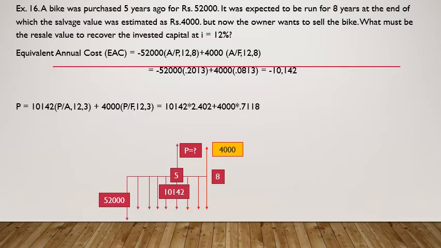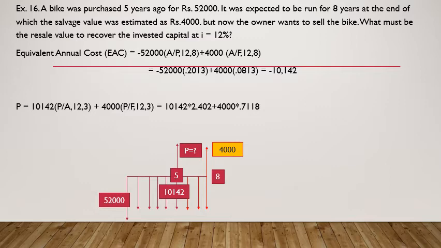So if I want to sell the bike at the end of the 5th year itself, instead of waiting up to the 8th year and recovering all the money, what should I do? I should convert this 10,142 of the 6th, 7th and 8th years to P at t equal to 5. That's what I have done here.